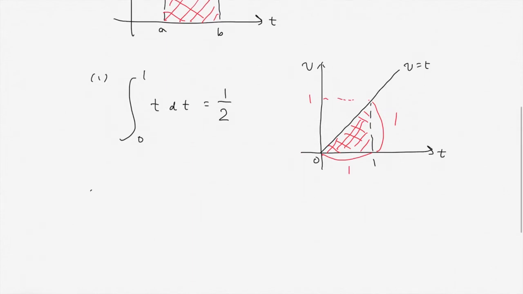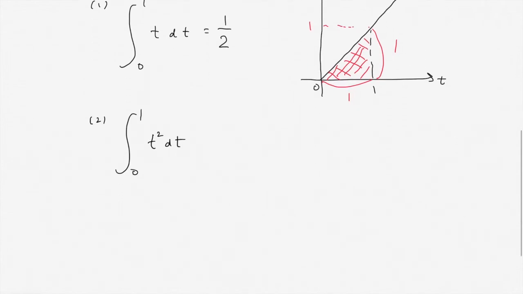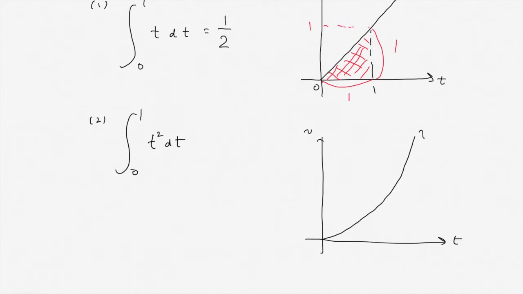And the next question: the integral from 0 to 1 of t squared dt. Again, we can draw the curve, b equal t squared, between 0 and 1.